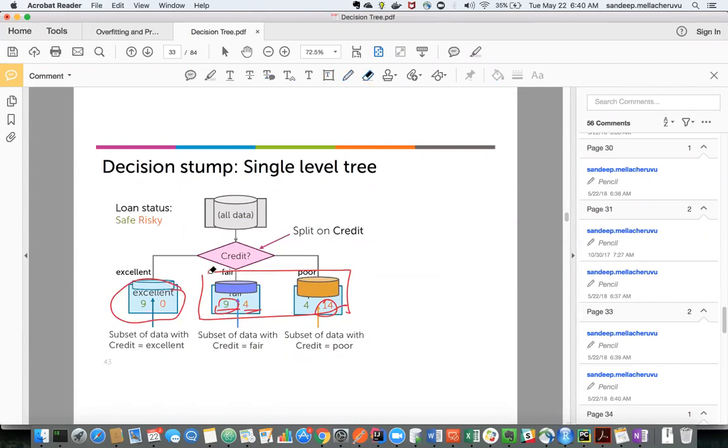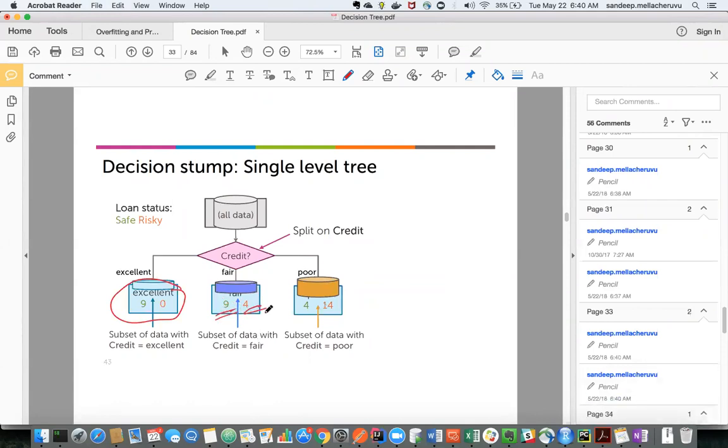But the only problem here is, when you are predicting a safe loan here versus when you are predicting a safe loan here, there is a lot of difference. Here, sometimes even if I predict safe loan, it might be risky loan, because both the counts are present.